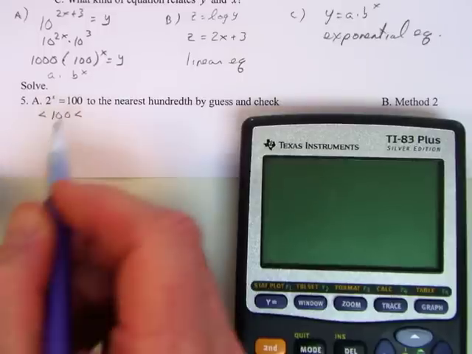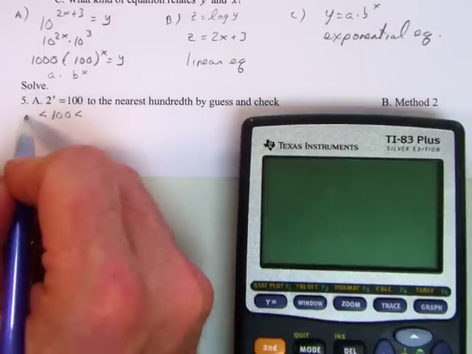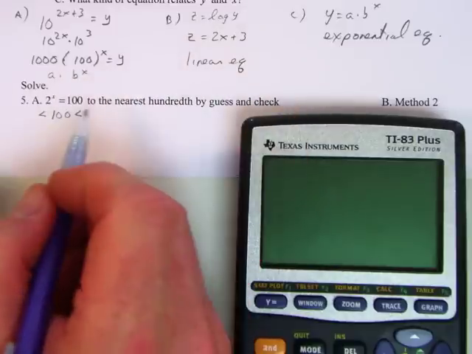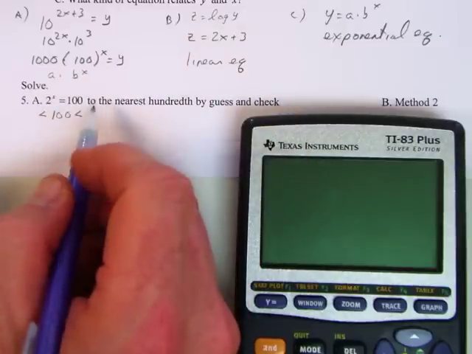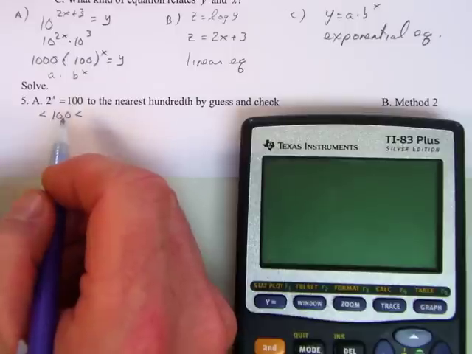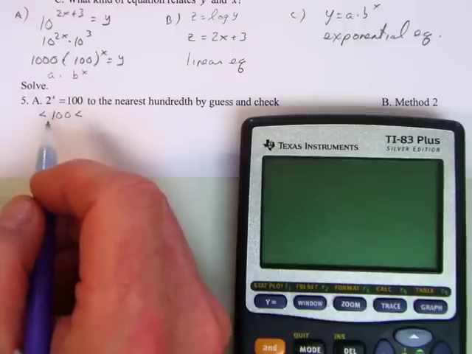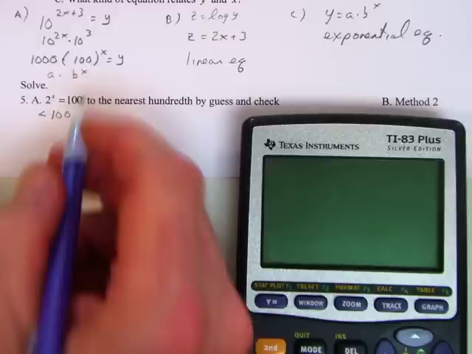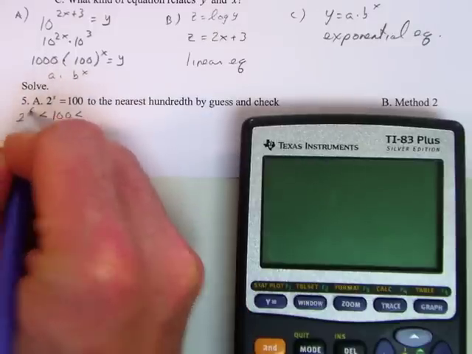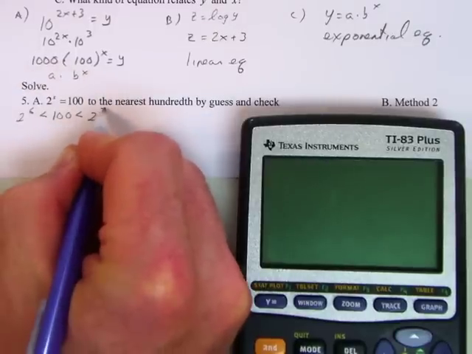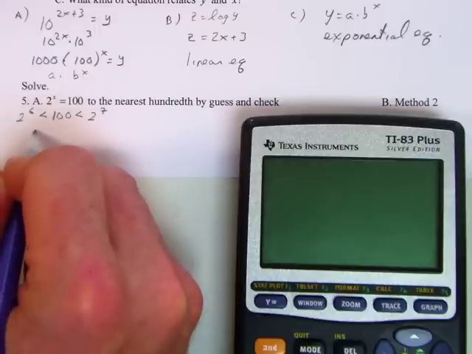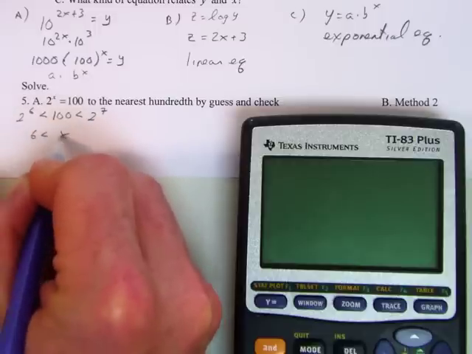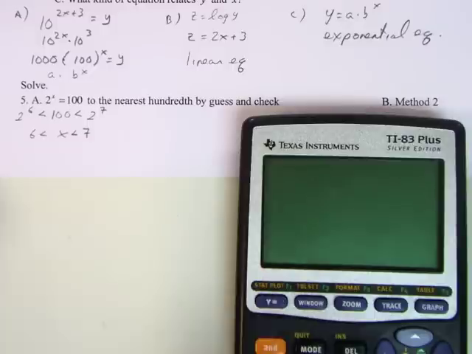What's a power of 2 that is smaller than 100 and the next one that's bigger than 100? You could just start rattling off: 2, 4, 8, 16, 32, 64, 128. So it's 64, which is 2 to the 6th power, and 128, 2 to the 7th. So in other words, x is going to be in between 6 and 7.